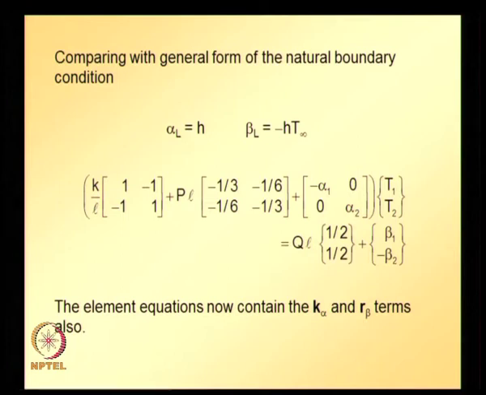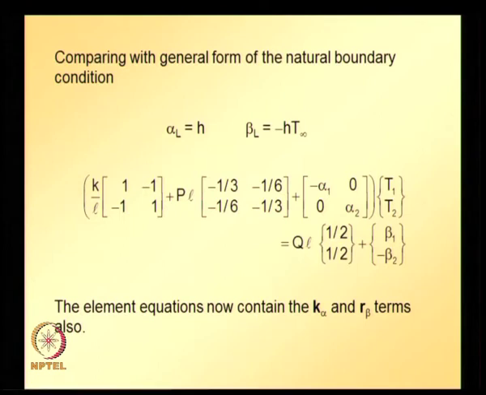The equation that we obtained for the general one dimensional boundary value problem with k, p, q, alphas and betas is shown. Making a comparison, alpha L is nothing but alpha 2 and beta L is nothing but beta 2, and alpha 1 and beta 1 are going to be 0.